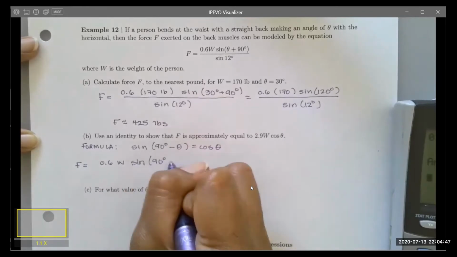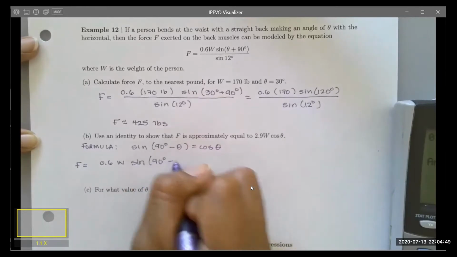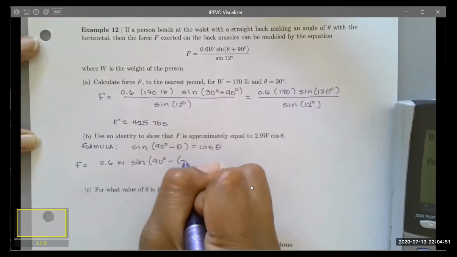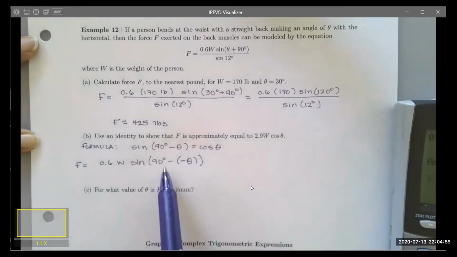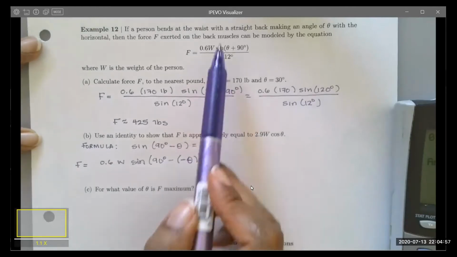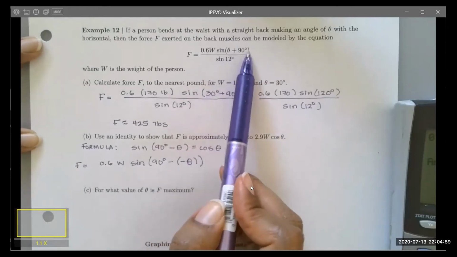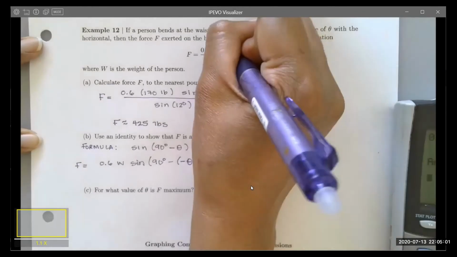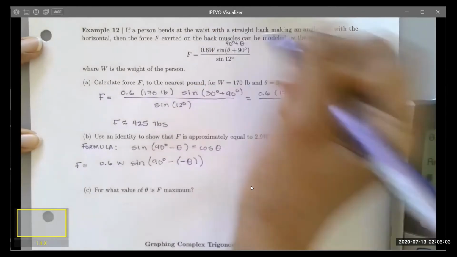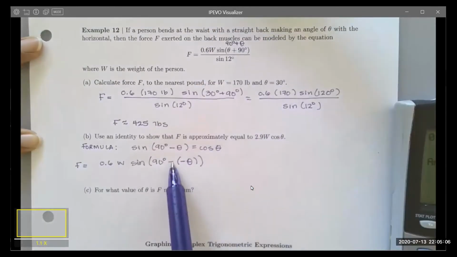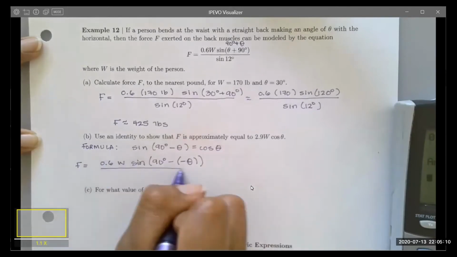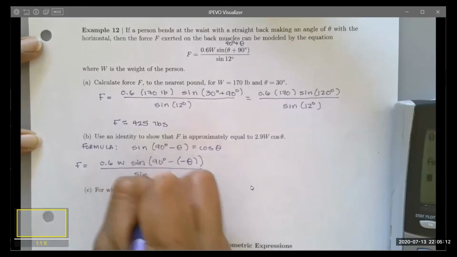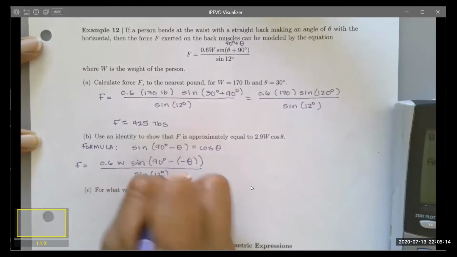You can think of this as 90 plus theta, but I'm going to write that plus as a minus a negative theta. So I did two things. I switched the order because it was theta plus 90, so I changed it first to 90 plus theta, and then I wrote the plus as a minus a negative theta.